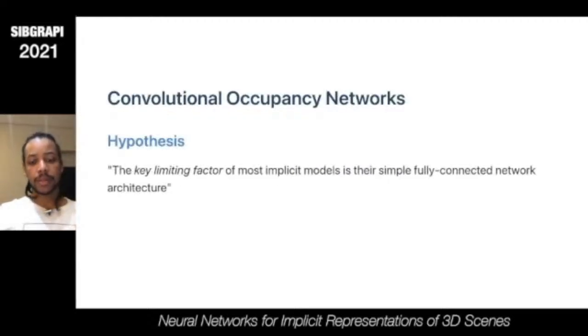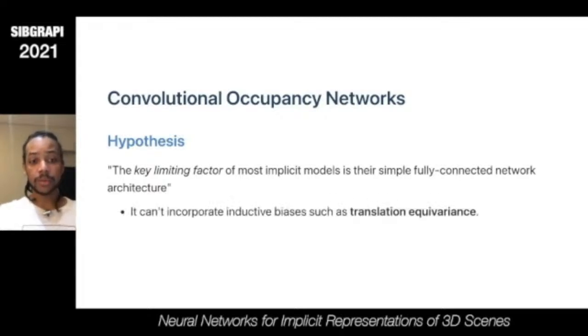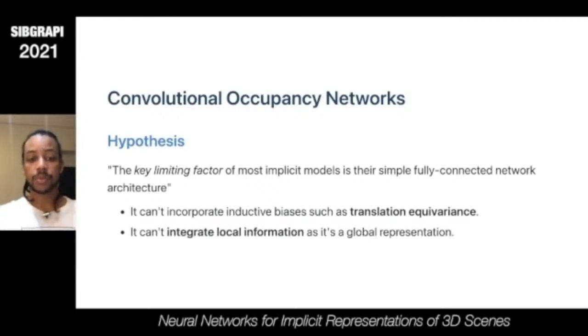The work starts with a hypothesis that the key limiting factor of most implicit models is their fully connected network architecture. They say that because it's an architecture that can't incorporate inductive biases such as translation equivariance, and as we were talking, it can't integrate local information, so it's a global representation based on our input.